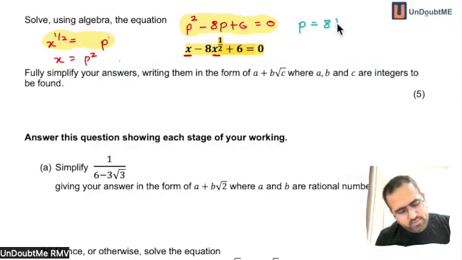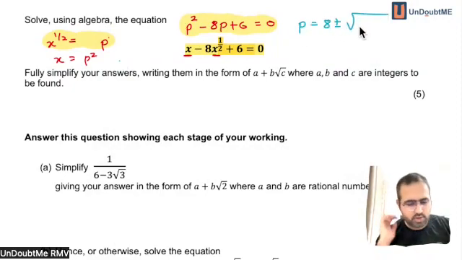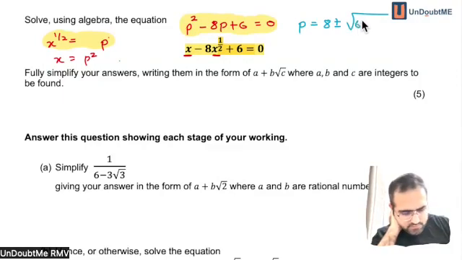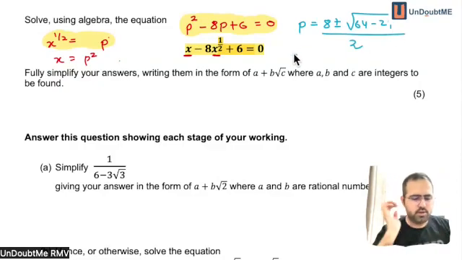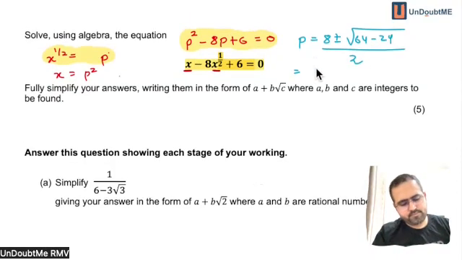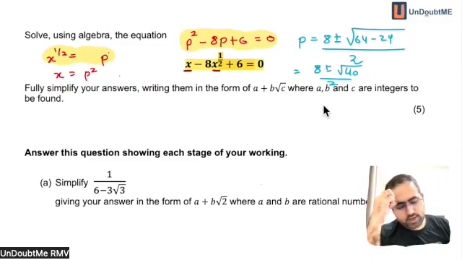P will be 8 plus minus root b square. B square is how much? 64 minus 4ac, minus 24, divided by 2. So that will be 8 plus minus root 40 by 2. 40 can be written as 2 root 10.